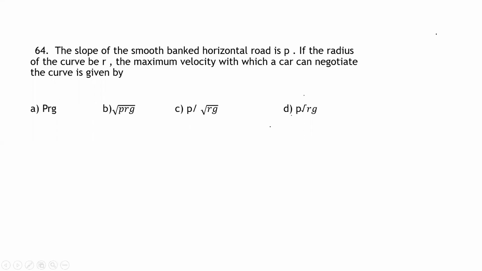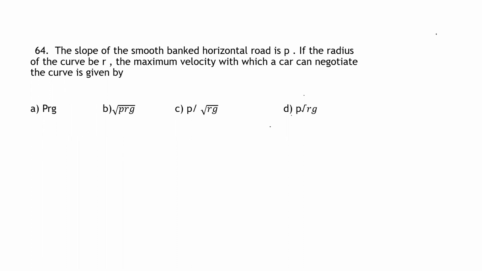Next question. The slope of the smooth banked horizontal road is P. If the radius of the curve is R, the maximum velocity with which a car can negotiate the curve is given by.